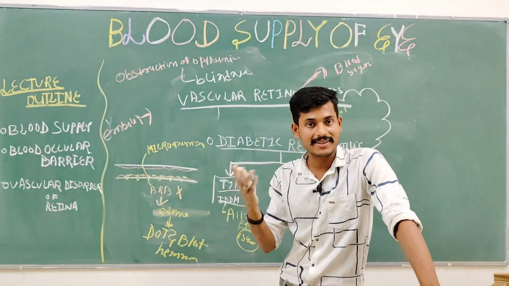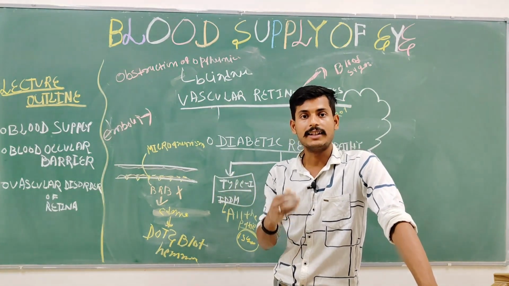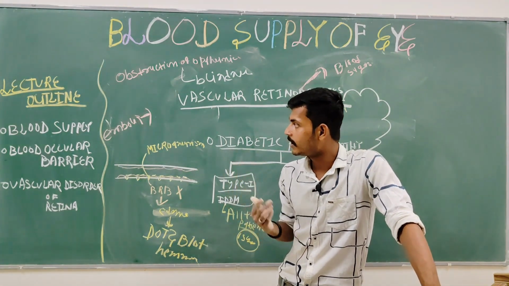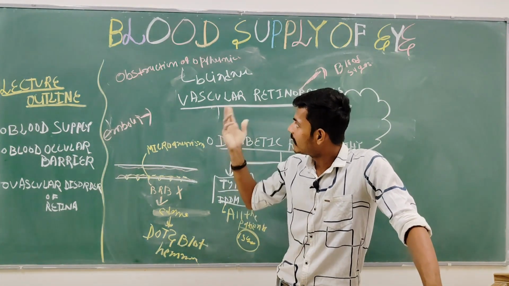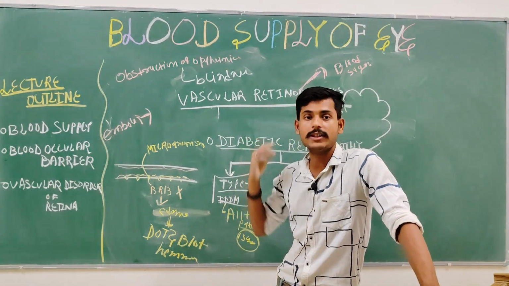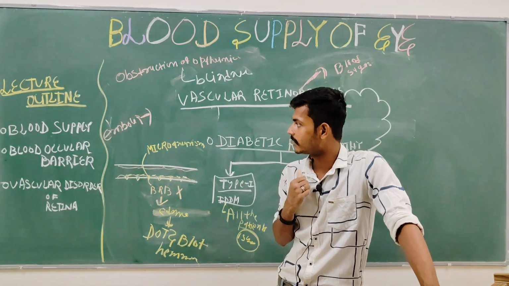We saw hypertensive retinopathy, diabetic retinopathy, and that late toxemia of pregnancy can also lead to retinopathic conditions. Then we saw some occlusion or obstruction related to the ophthalmic artery and the central retinal artery.